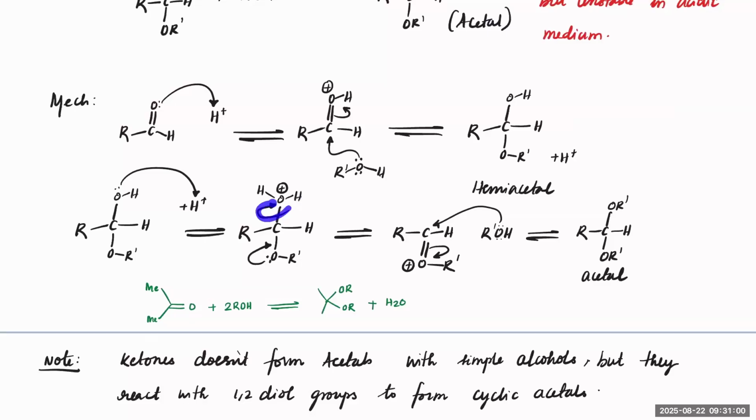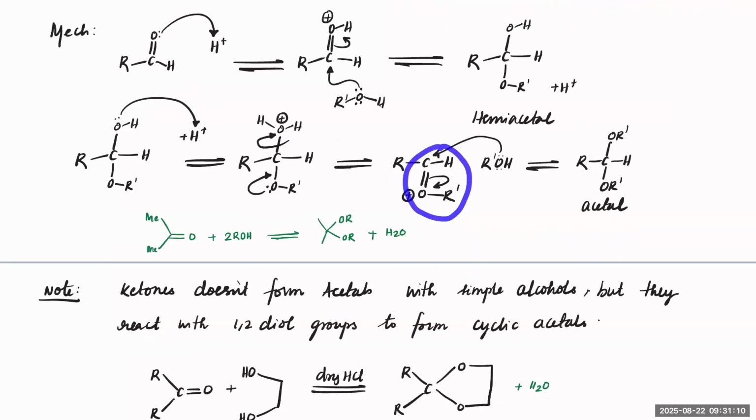So this lone pair will push the electrons and leave the H2O group out of it, by which you will get this as C double bond O R group here. And the second mole of alcohol will attack, which will make it OR dash here. So what is eventually remaining? We have OR dash and OR dash, which we call acetal. Okay. So first we get hemiacetal, then we get acetal.